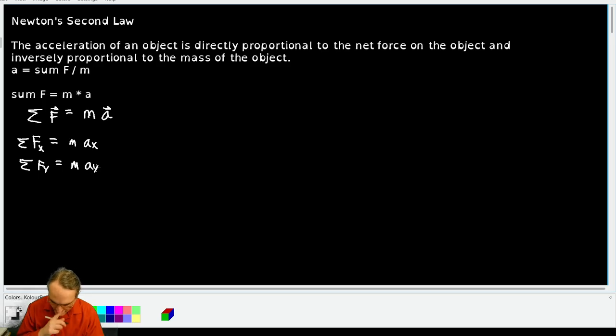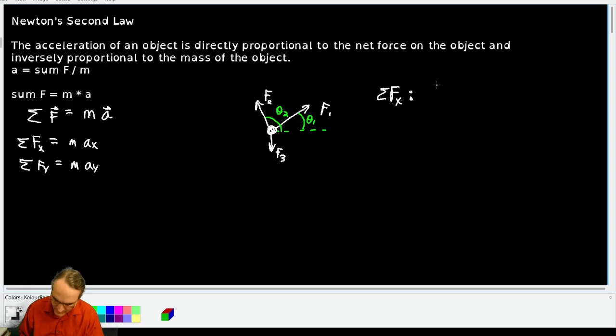That vector idea is very important. If we have a single object and we have a force 1 acting in one direction, and a force 2 acting in a different direction, and a force 3 acting in a third direction, we can actually think about the angles that each of these forces would be at, and we can look at decomposition. So we can find the net force in x, which would look something like F1 cosine theta 1 plus F2 cosine theta 2, at least with the way theta is defined in this case.